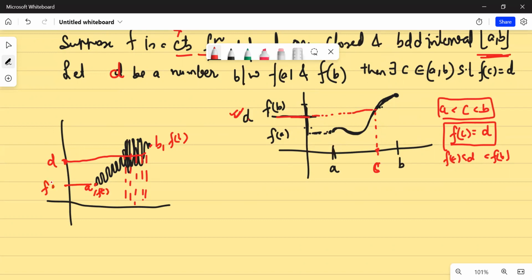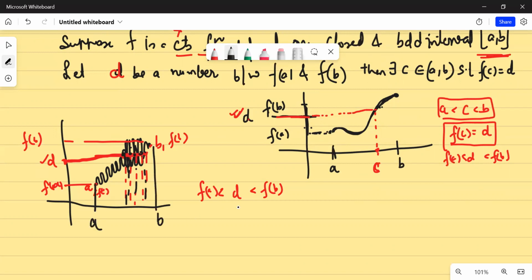If d is an intermediate value between fa and fb, then if I intersect this particular graph, I can see that this particular d value is attained at several points between a and b.